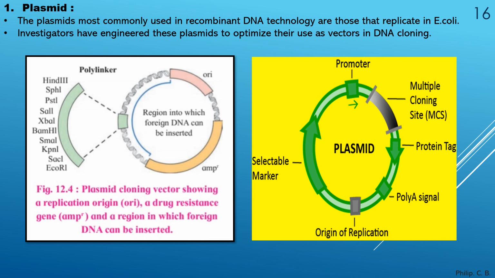We can also see the polylinker with HindIII, SphI, PstI, SalI, XbaI, BamHI, SmaI, KpnI, SacI, EcoRI, etc. Similarly, on the right side, a simple image showing the parts: promoter, multiple cloning site, promoter tag, poly A signal, and the selectable marker.